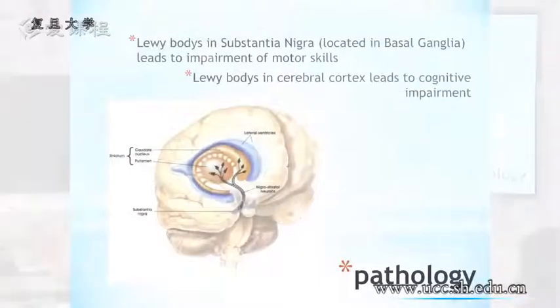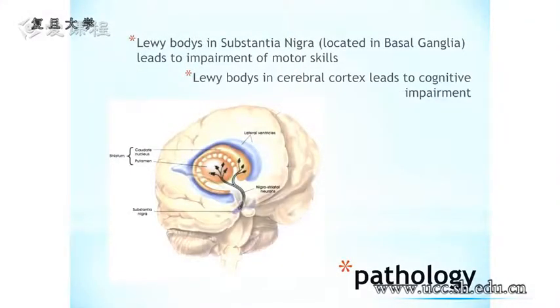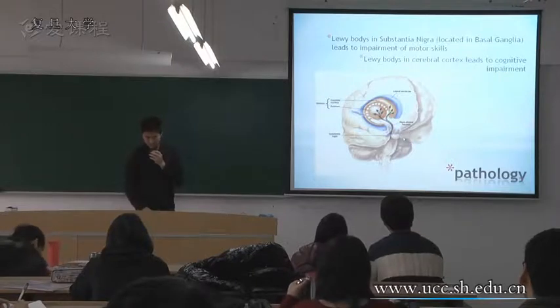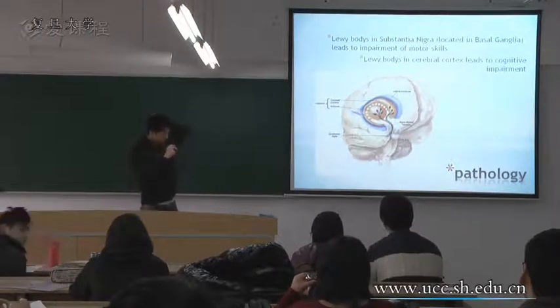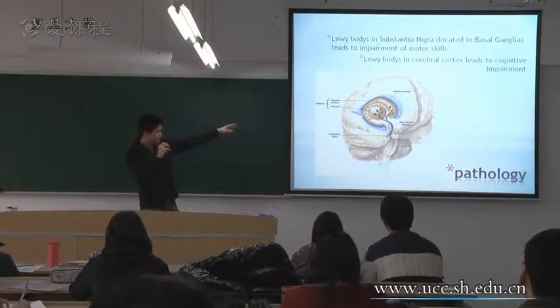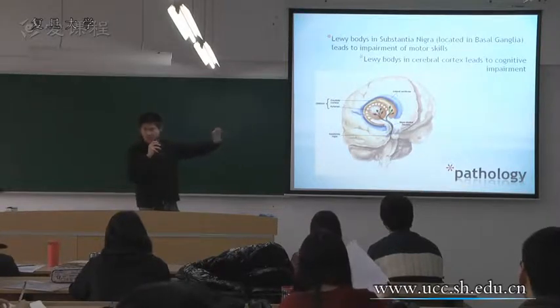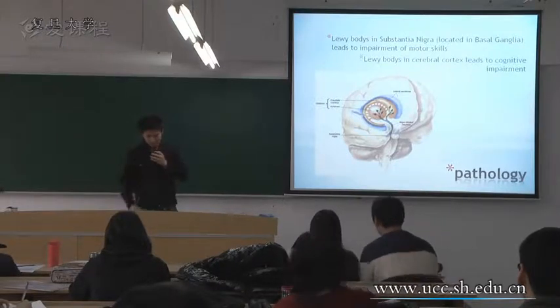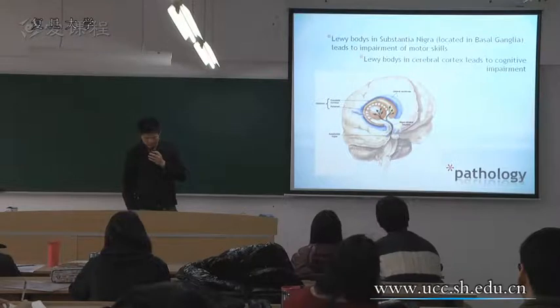Here's another diagram of the basal ganglia and the substantia nigra right here, which is the main point that it affects. In late onset Parkinson's, the Lewy bodies actually spread to the cortex, and that's when you get dementia.